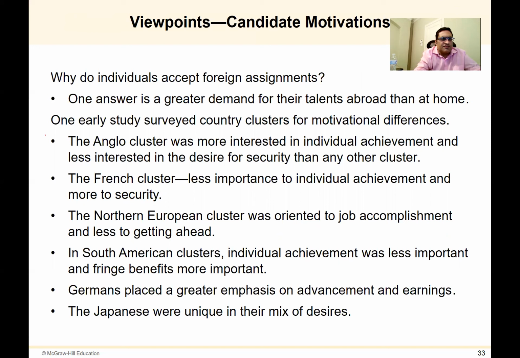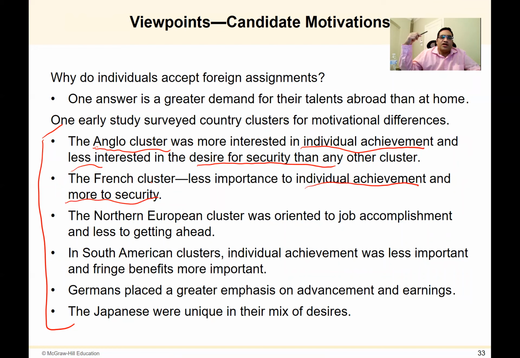As you can see, there are different clusters. There is the Anglo cluster, which is US, UK, Australia, that is more interested in individual achievement and less in desire for security. The French cluster places less importance on individual achievement and more on security.